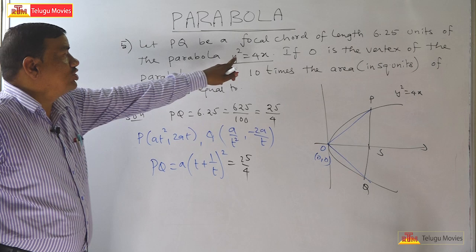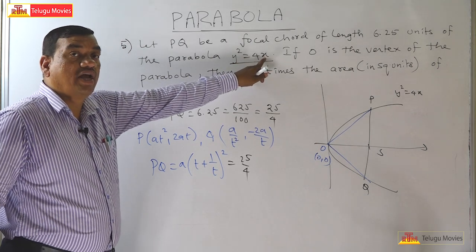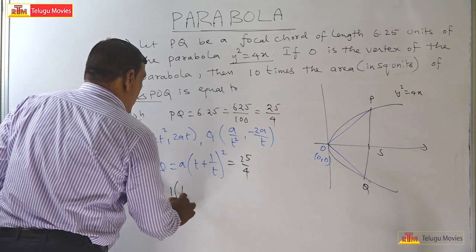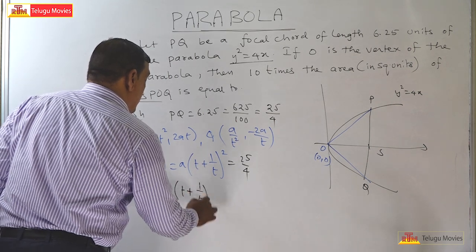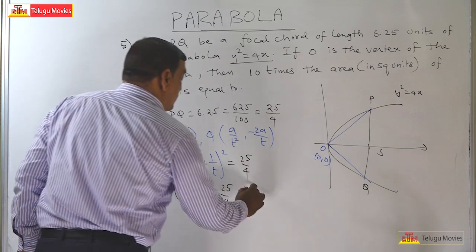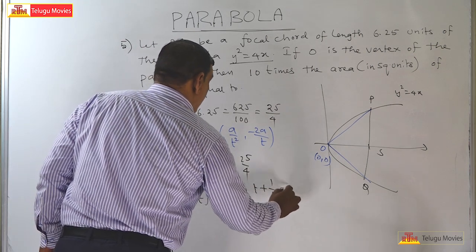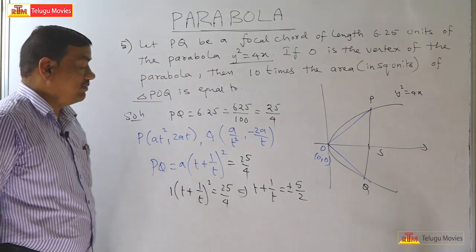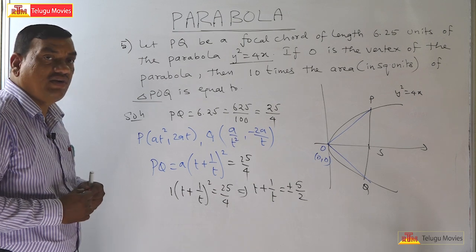What is the value of a? y square is equal to 4ax, therefore 4a is equal to 4, so a is 1. That gives 1 into t plus 1 by t whole square is equal to 25 by 4. This implies t plus 1 by t is equal to plus or minus 5 by 2.